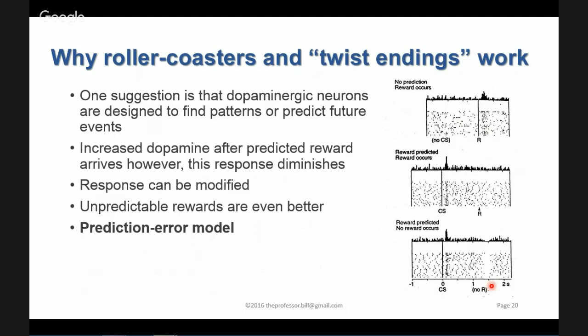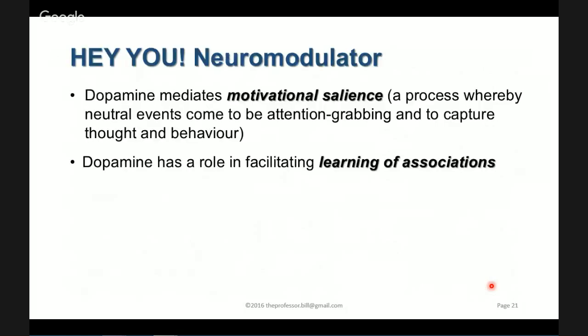And maybe this is the way in which the schizophrenic brain is at work. Maybe if there's too much dopamine, this idea of motivational salience, where a neutral event becomes really important to you. So maybe this classroom means nothing to you, but maybe coming to this classroom so that you learn something is important.